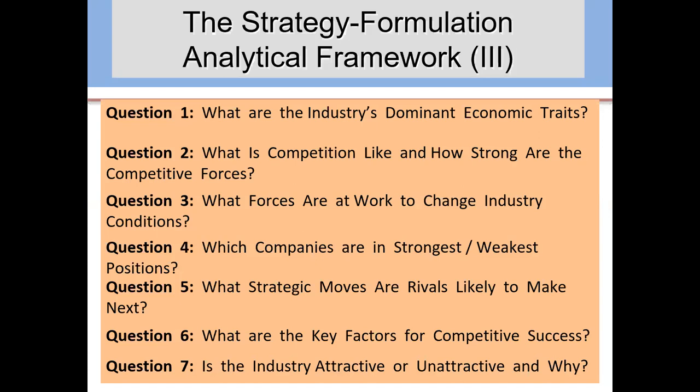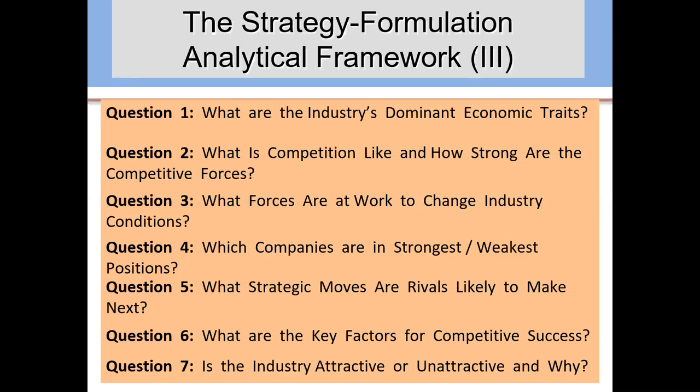The first question they need to address is what are the industry's dominant economic traits? The second question is what is competition like and how strong are the competitive forces? The third question is what forces are at work to change industry conditions? The fourth question is which companies are in strongest and weakest positions?